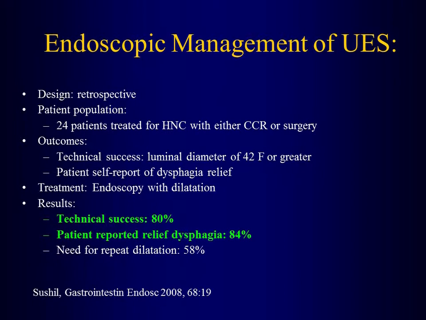endoscopic dilatation procedures. Endoscopic dilatation of esophageal strictures is highly effective in improving swallow function. From a technical standpoint, success rates are 80% and above. From the standpoint of patients' sense that their dysphagia has been relieved or at least improved, it's even higher than that.